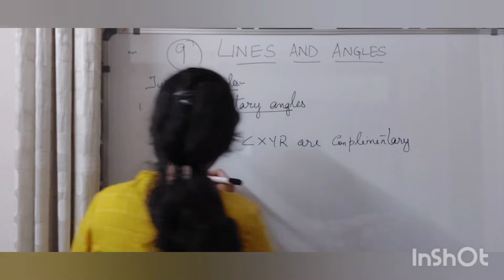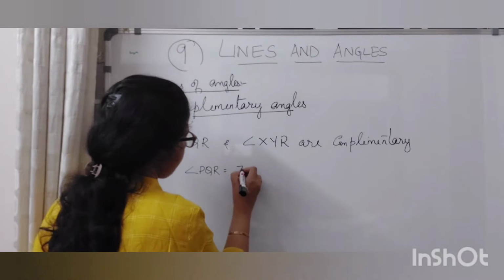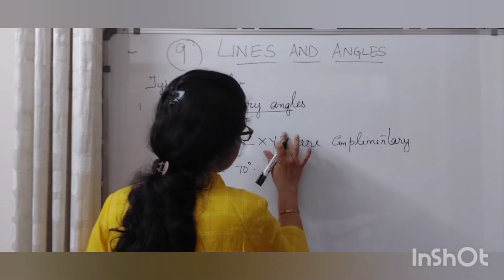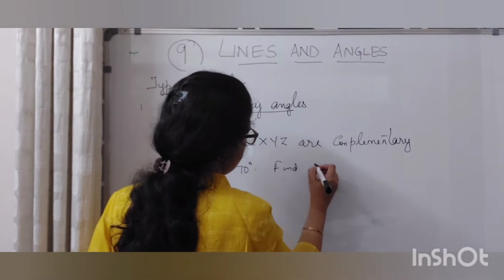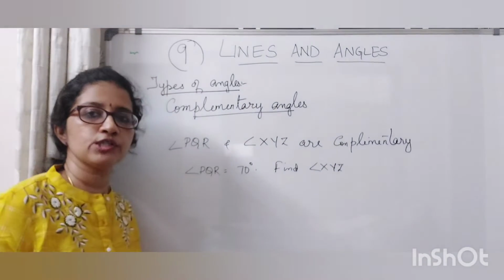Angle PQR is equal to 70 degrees. Find angle XYZ. This will be the question.